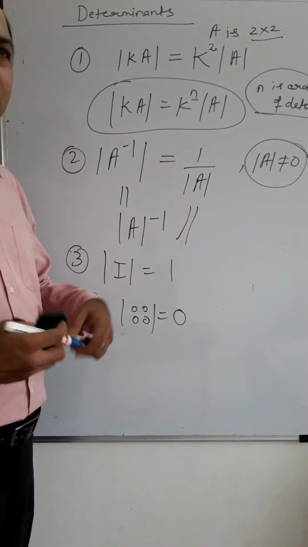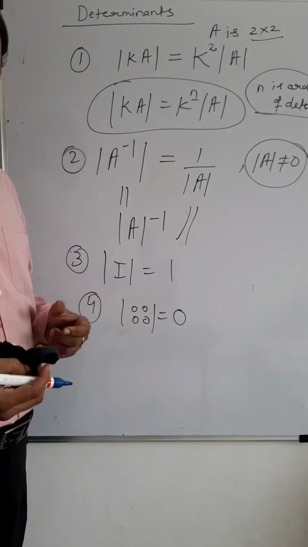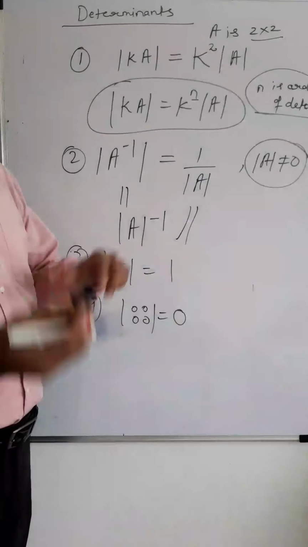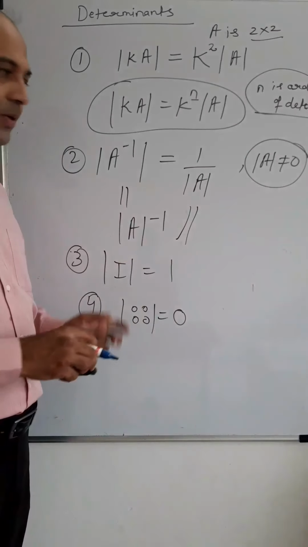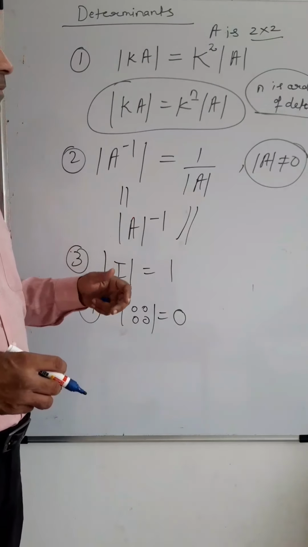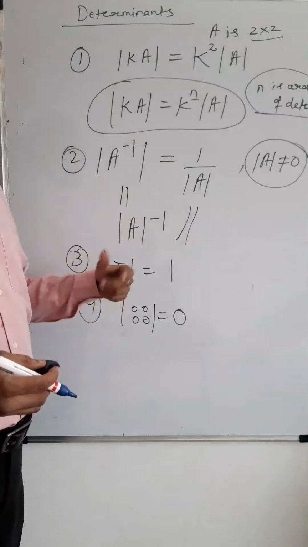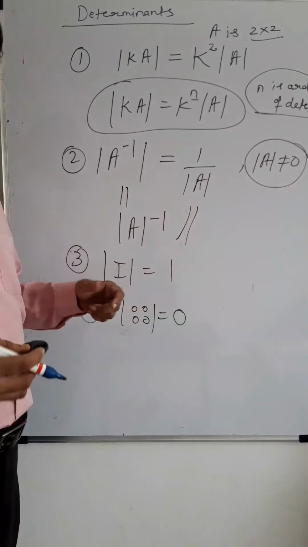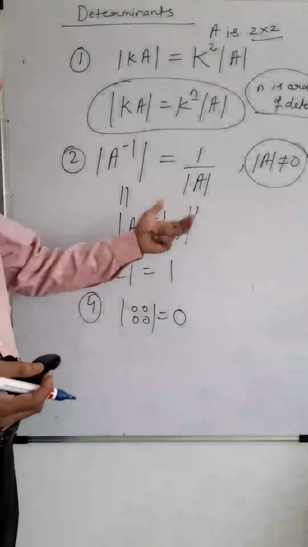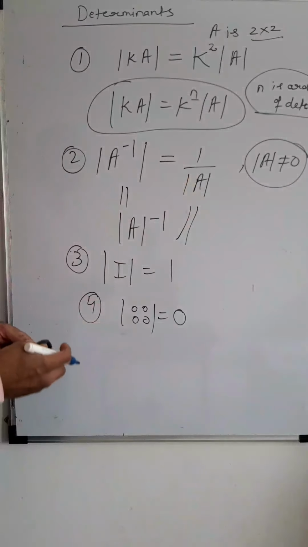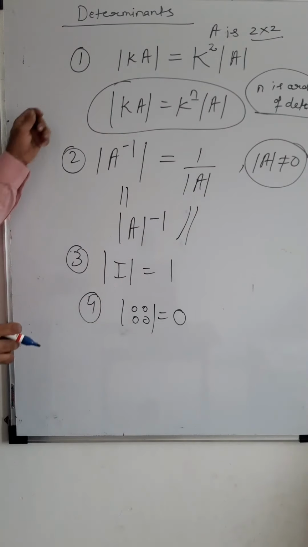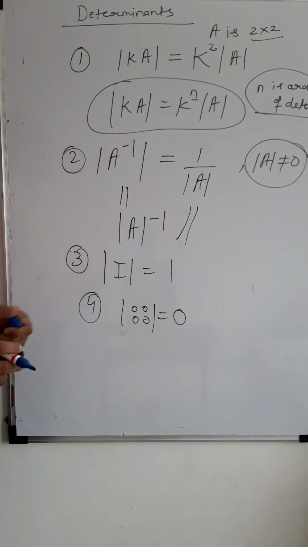So most of the time we will use the word matrix, whose value comes as determinant. So sometimes while simplifying or saying this, we will use the term matrix. So don't get confused, because determinant basically came from matrix. Now, these are a few property results you can say in determinants.